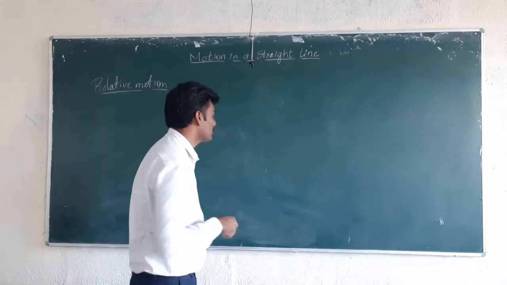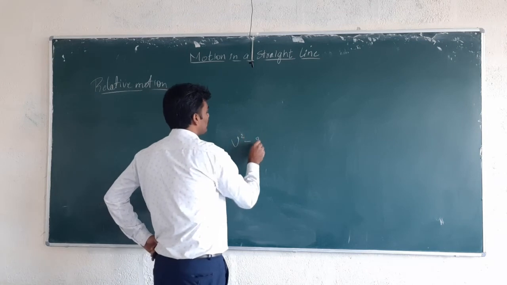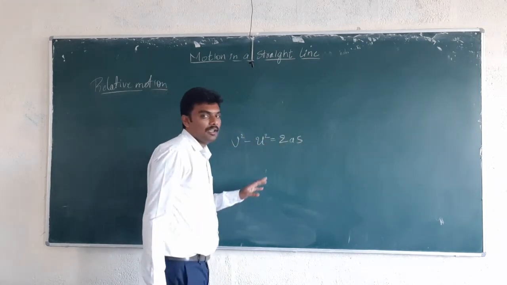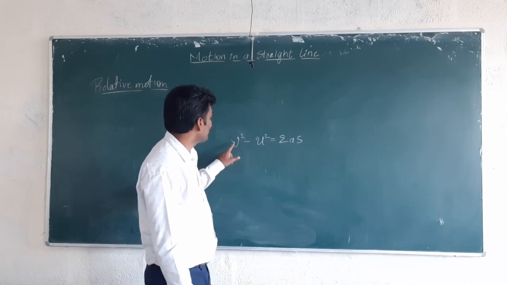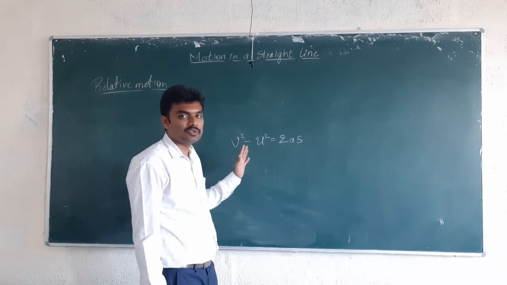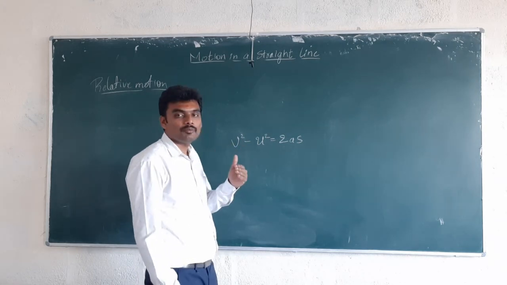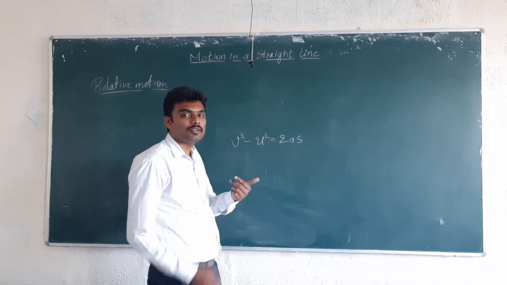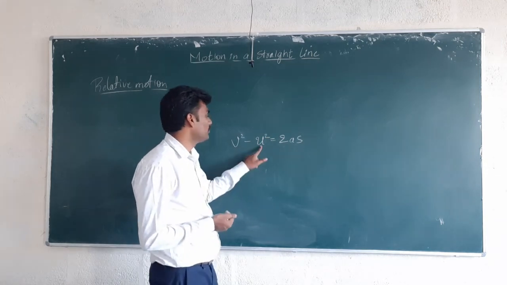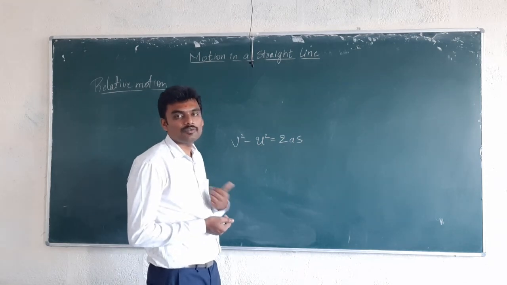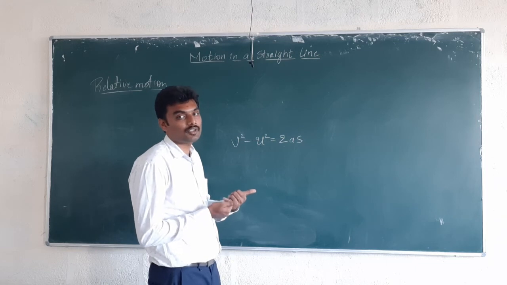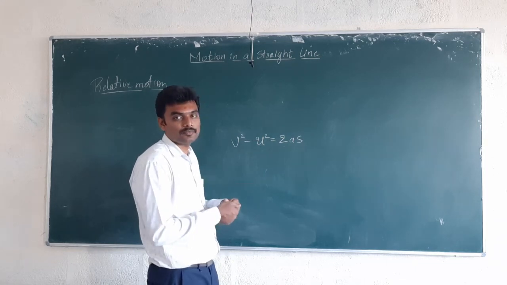The third equation is V squared minus U squared is equal to 2AS. In this equation, you can see V squared is easy to obtain. When it comes to the relative situation, V squared is velocity of first body minus velocity of second body if they are in the same direction. U squared is again initial velocity of first body minus initial velocity of second body, again in the same direction.